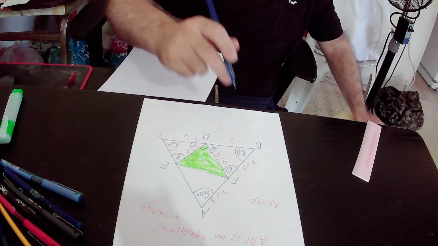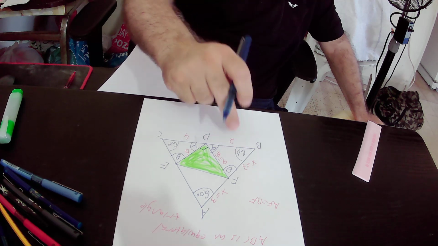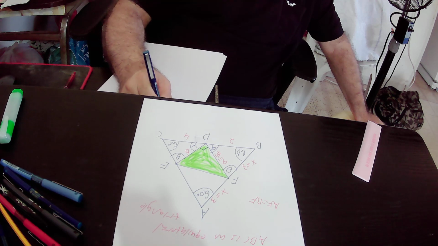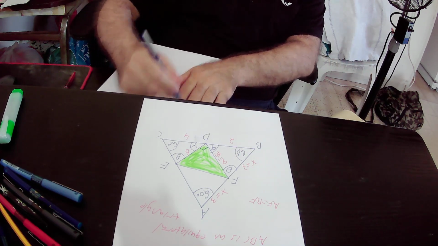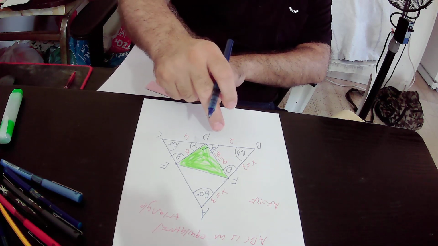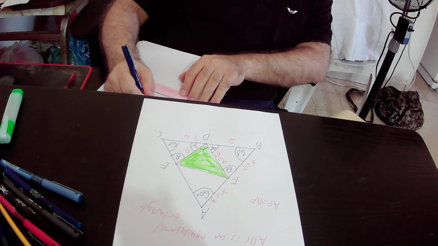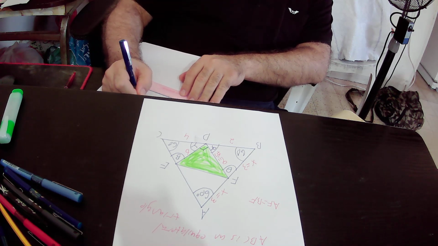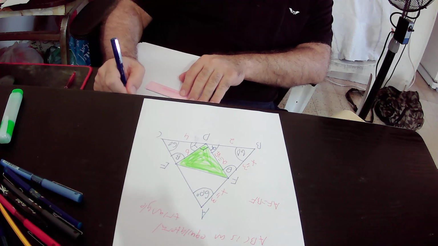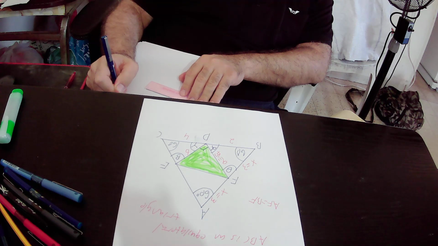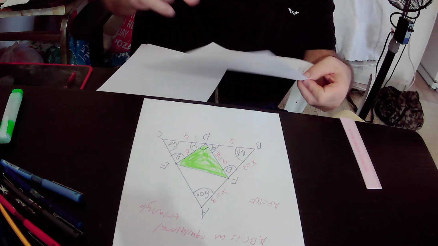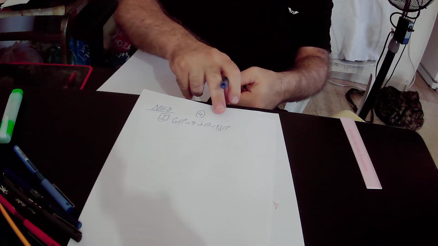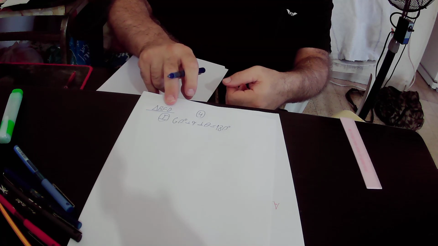In triangle BFD, 60 degrees plus alpha plus theta equals 180 degrees. That is our first equation.